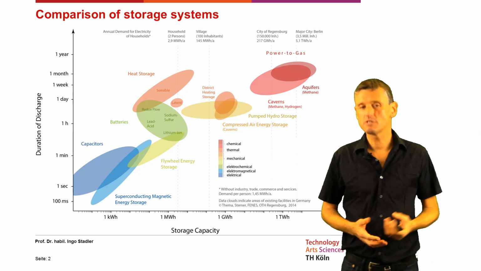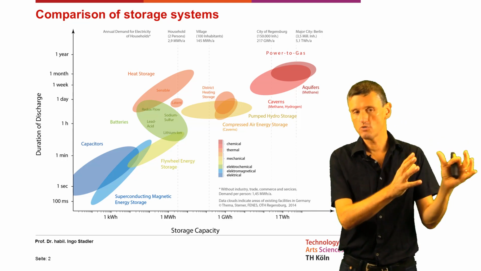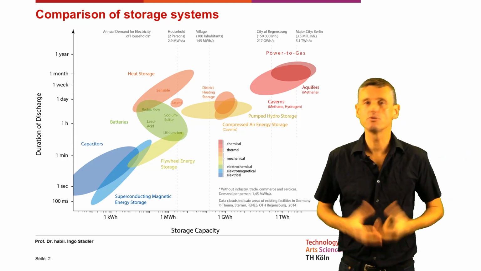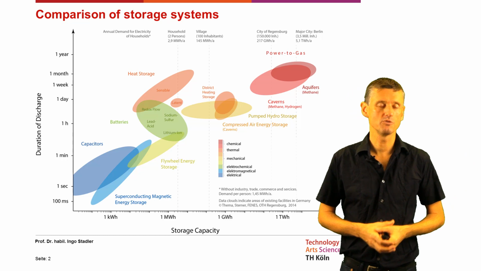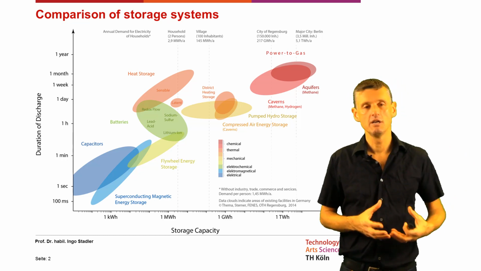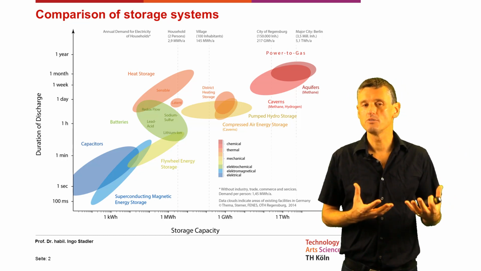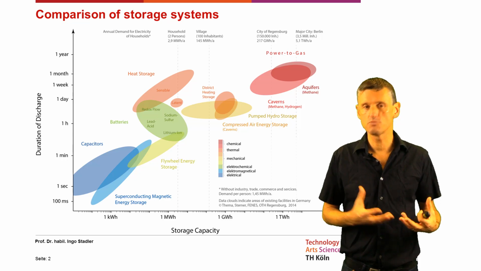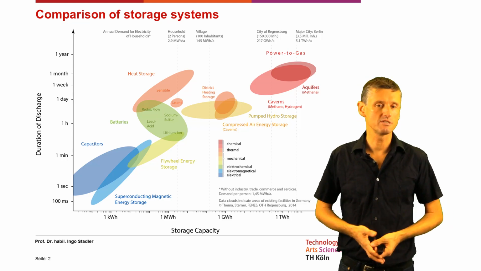And typically what we see on the lower left part of the diagram is the pure electrical stores. They have almost no energy content and are only used for a few milliseconds to seconds, typically for stability reasons in electric grids.